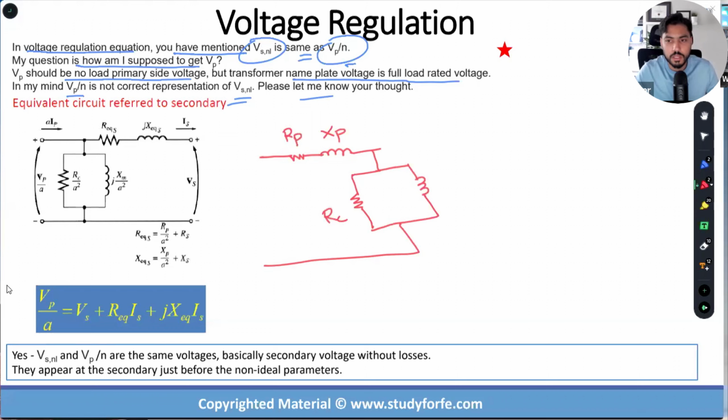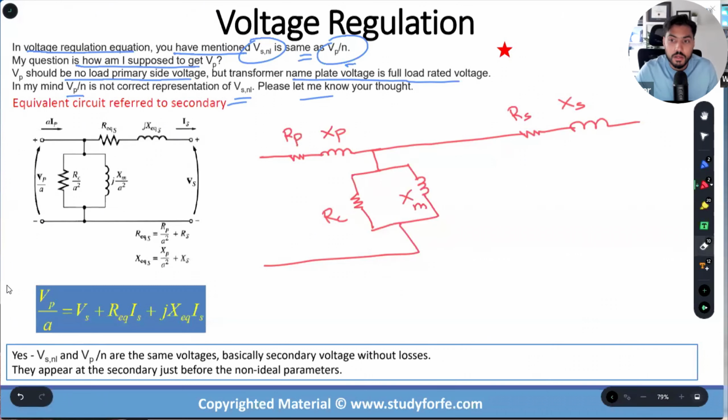RC, and then I have what? XM. Cool. And then on the secondary, I show my RS, and then I show my XS. So far, so good, guys.